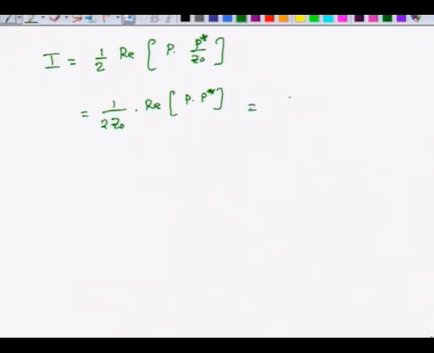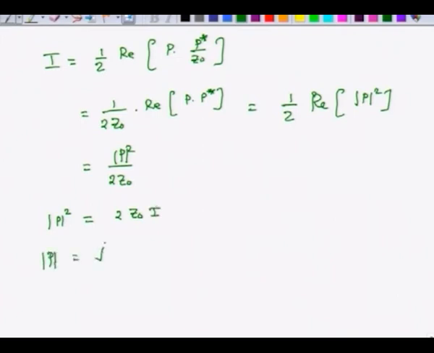So, this is equal to 1 over 2 Z naught times the magnitude of pressure squared. So, I can say that magnitude of pressure squared equals 2 Z naught I, or P equals square root of 2 Z naught I.